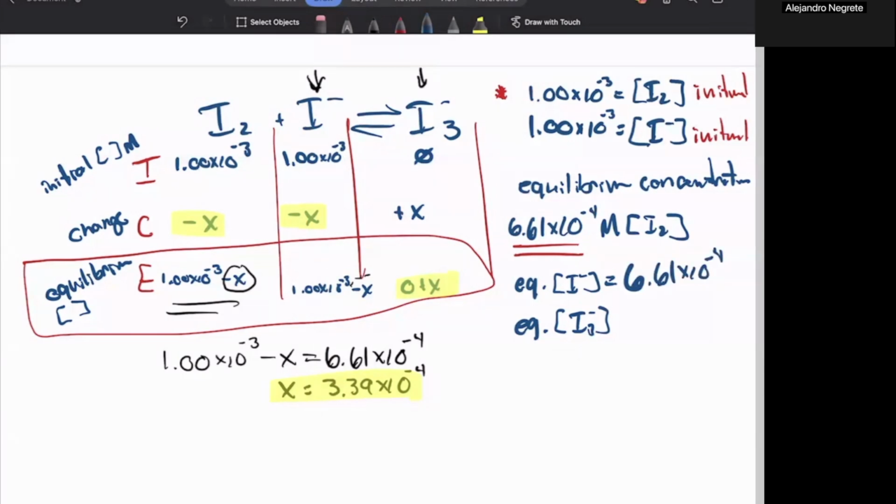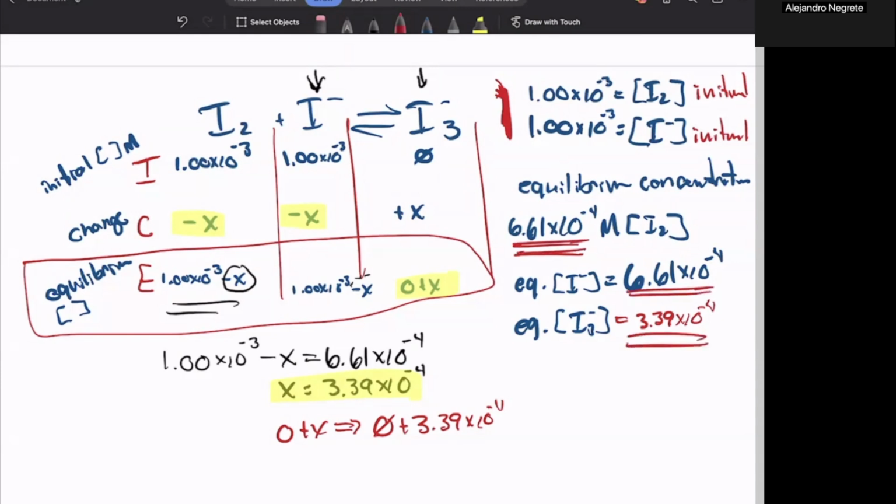And for I3 it's simply 0 plus x, which means 0 plus 3.39 times 10 to the minus 4, so that equals 3.39 times 10 to the minus 4. So when these all come to equilibrium, where K is equal to Q, we now know the concentrations at equilibrium.